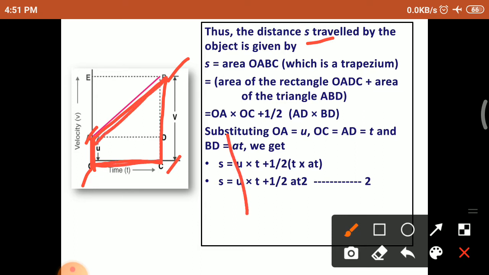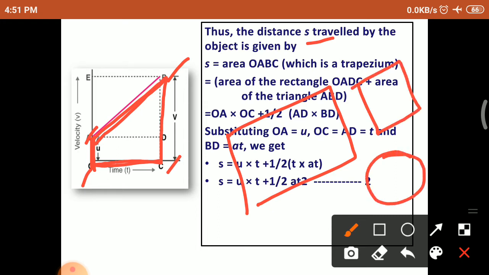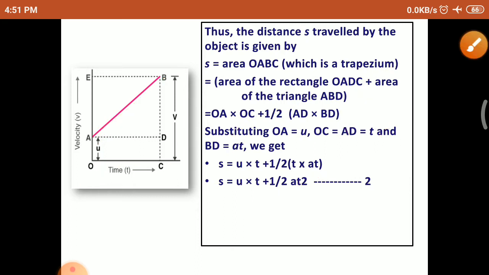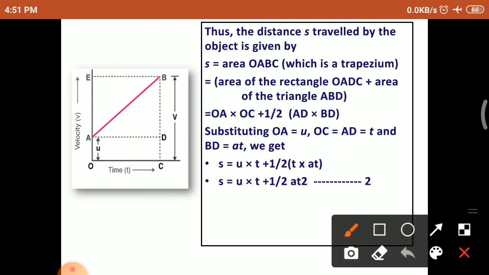You know that this is a rectangle, this is a square and this is a circle. The trapezium is nothing but this. So S equal to area OABC, which is a trapezium.